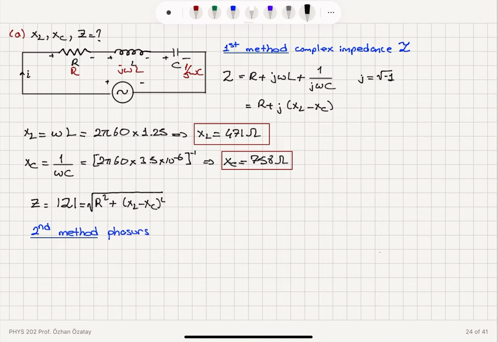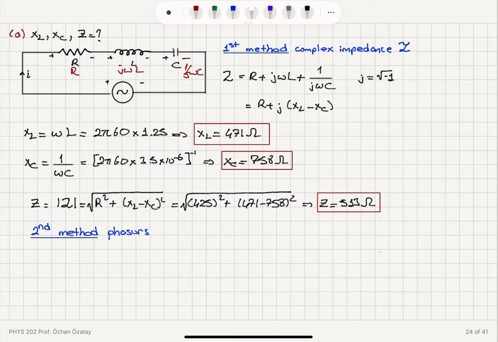So this will give us the square root of 425 squared plus (471 minus 758) squared, and that will give us the impedance of the circuit to be 513 ohms.